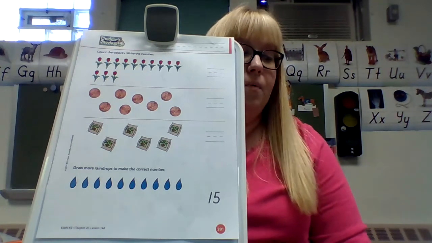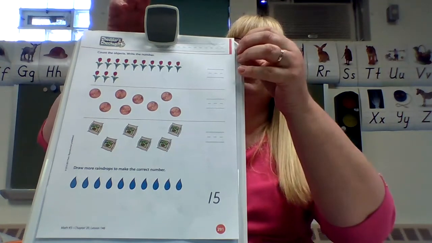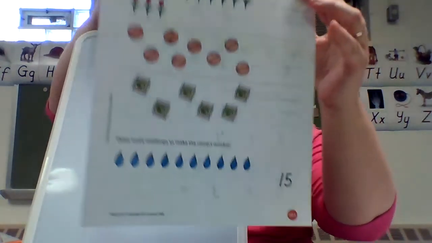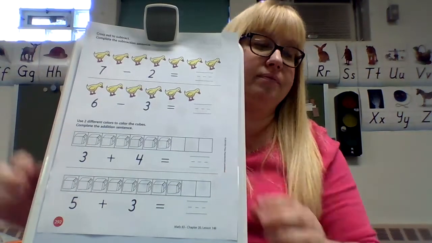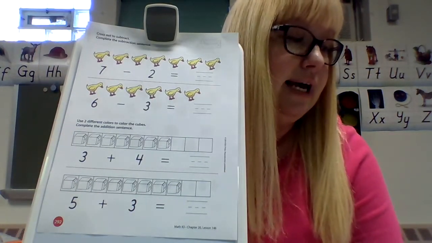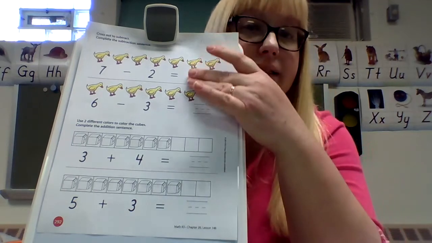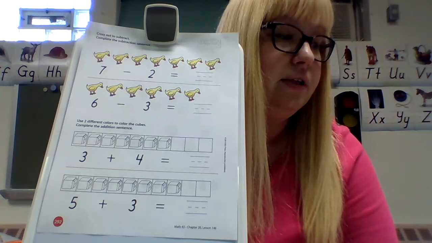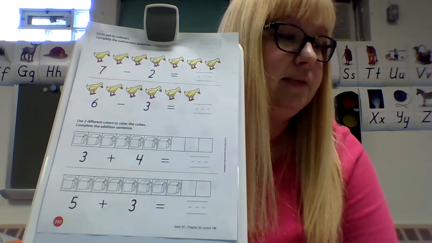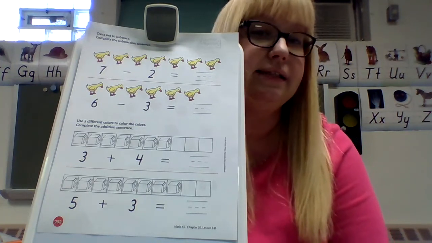Okay, once you are finished, you can turn your page over. Remember, we were practicing some of this yesterday. This is for the ducks. Okay, cross out to subtract. Complete the subtraction sentence.